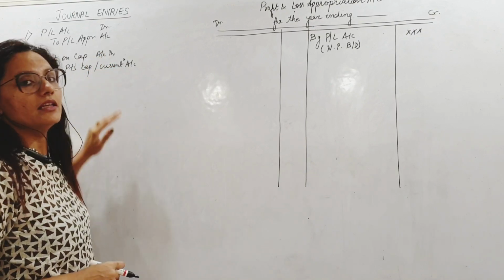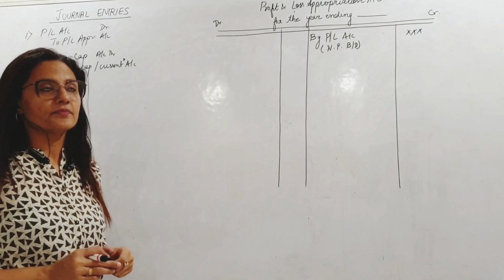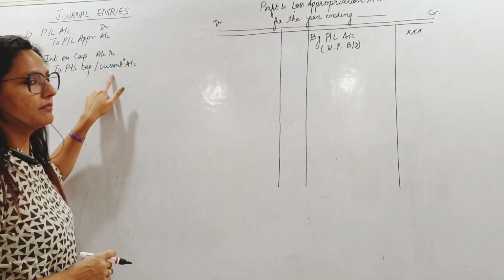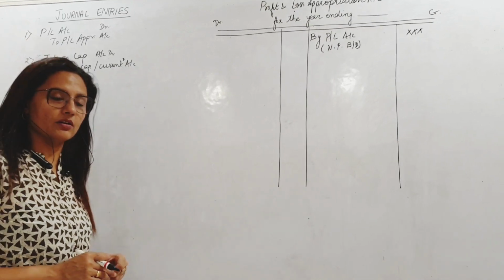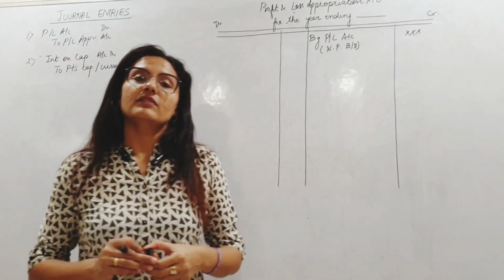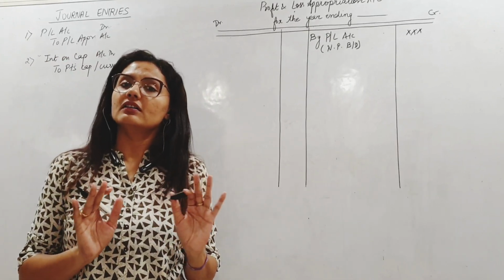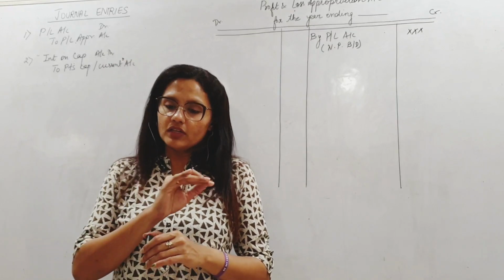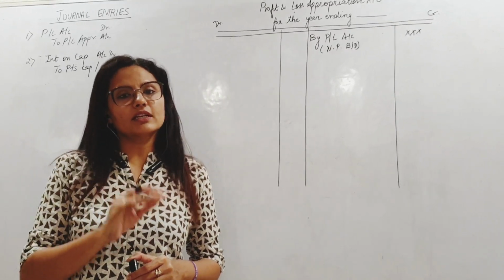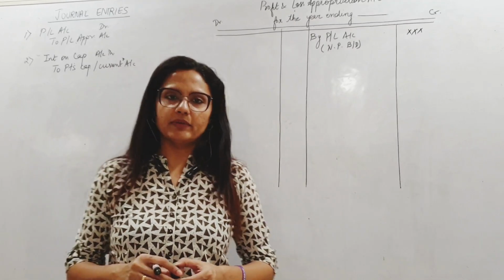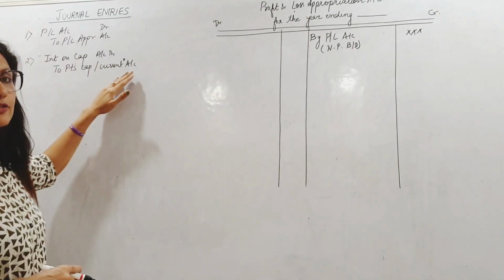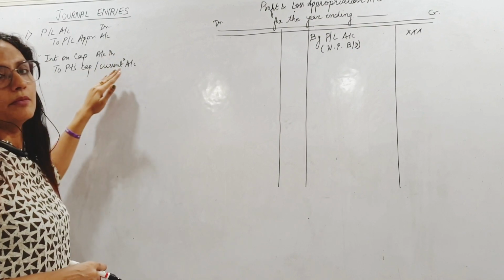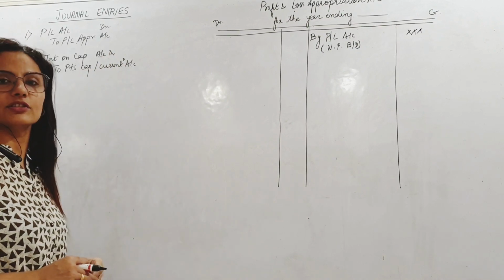If we take the fixed capital method, we will obviously credit this amount to partner's current account, because under fixed capital method we are not supposed to touch the capital, we are not supposed to disturb the capital. Here all other appropriations would be going to the current account. So depending on the method, we will choose which account has to be credited, but it is to the partner who is supposed to get the interest on capital.